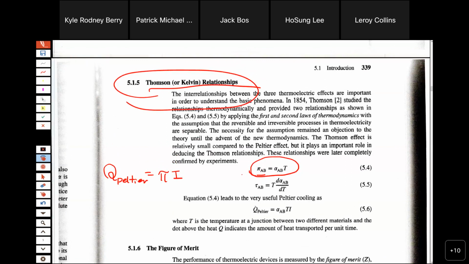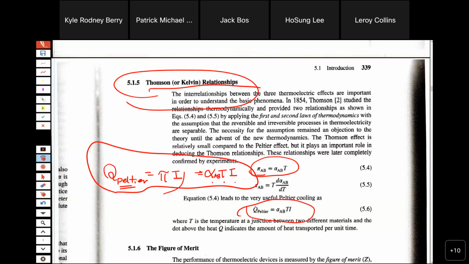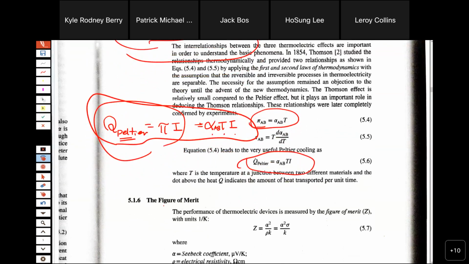Thomson discovered pi is nothing more than alpha times T. This is Peltier, now with current and temperature. So Peltier can be heating, cooling, but whatever. So Thomson's discovery is huge.